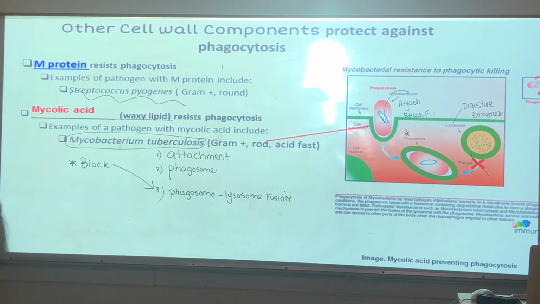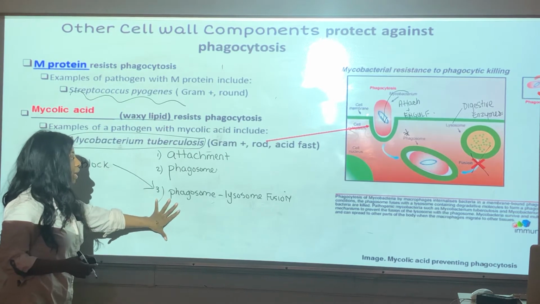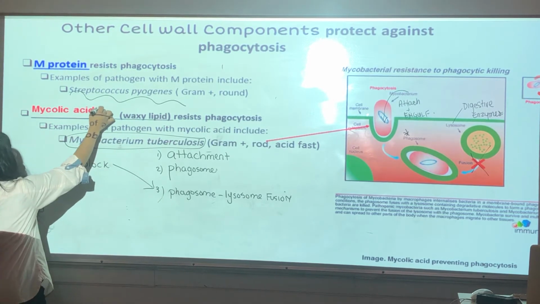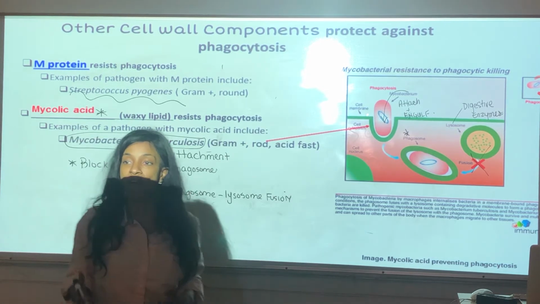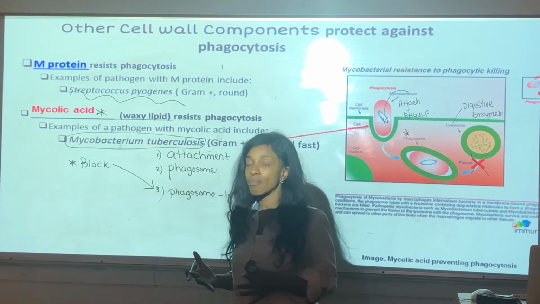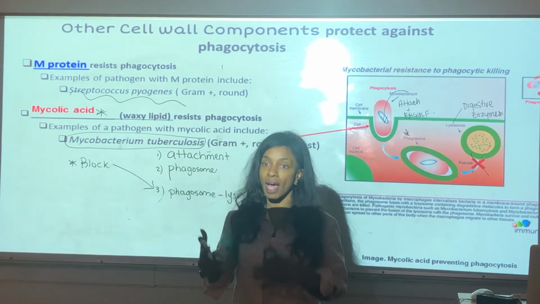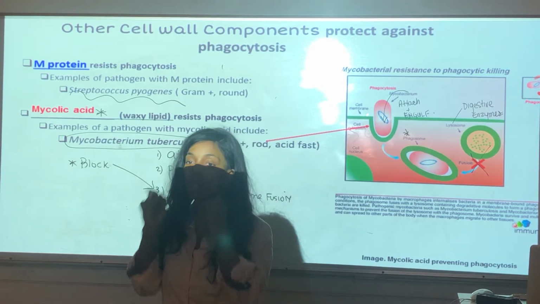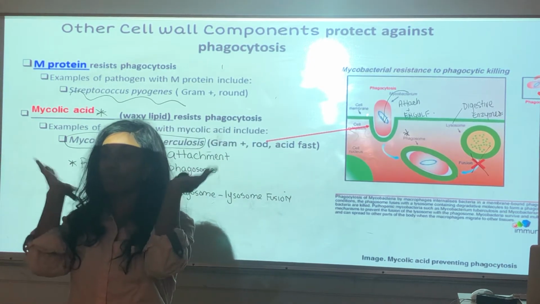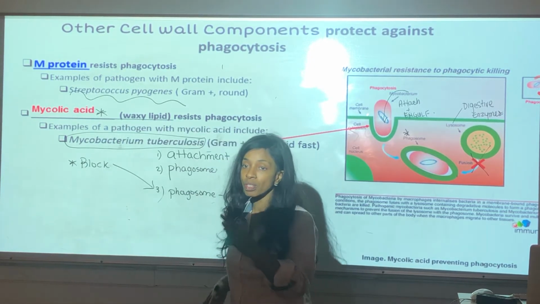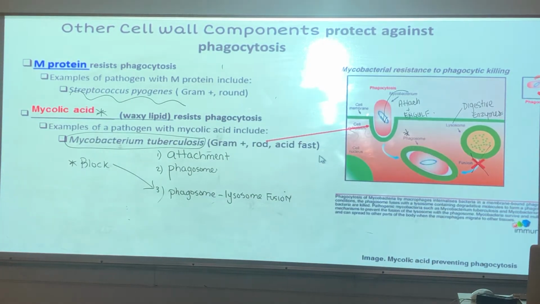So the Mycobacterium tuberculosis is able to block this phagolysosome fusion because it has mycolic acid, and this is what allows them to survive in the phagocyte. As they survive in the phagocyte, what happens? Well, they continue to divide and divide and divide. And once they divide in high numbers, eventually the phagocyte will break and they will be released to go on to infect the lungs in high numbers.